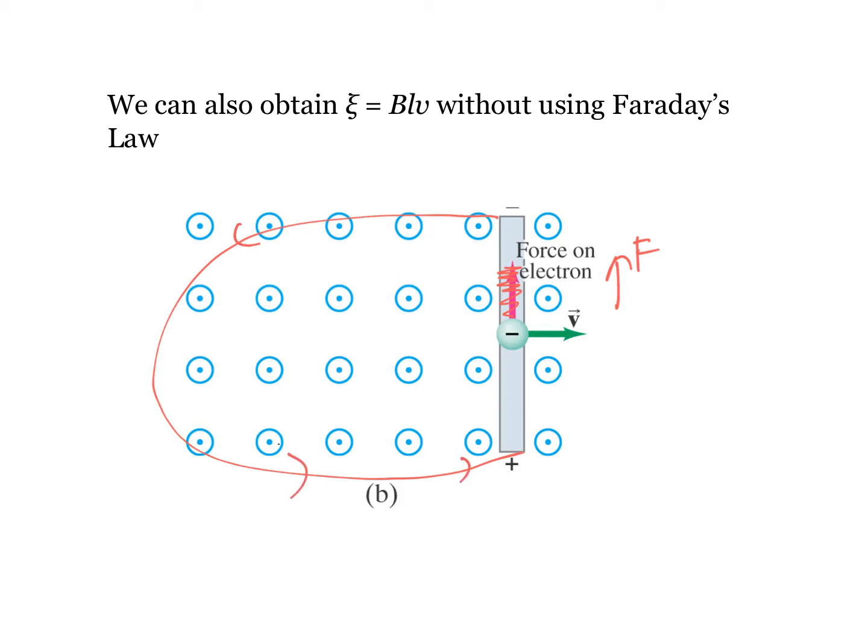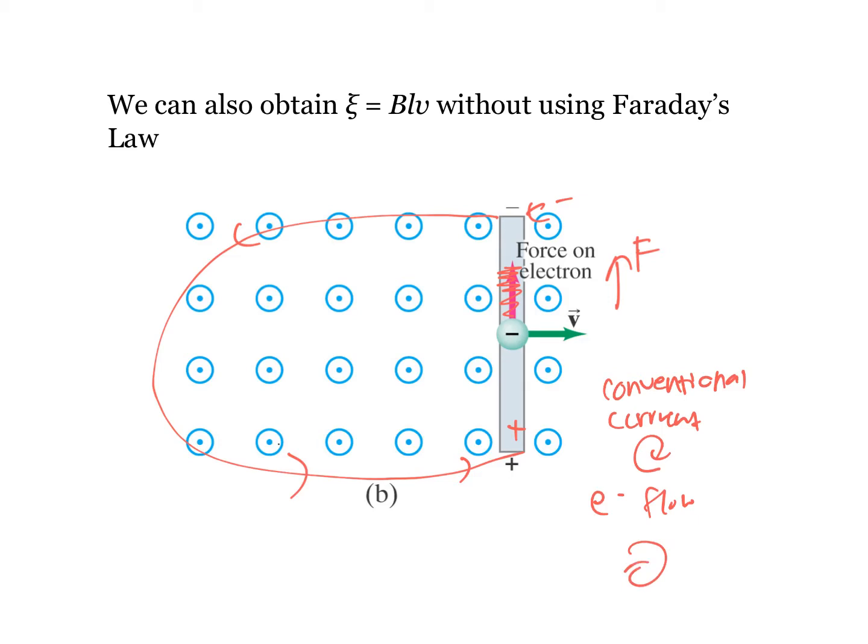From this picture you can see that all the electrons are going to accumulate at the upper part, and the positive charge is going to accumulate at the bottom part. So the direction of the conventional current is going to be clockwise, and the direction of the electron flow is going to be counterclockwise.